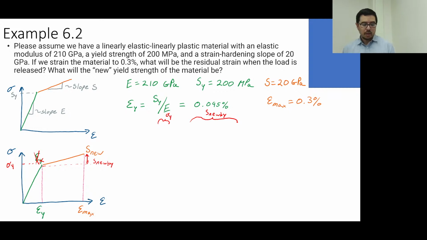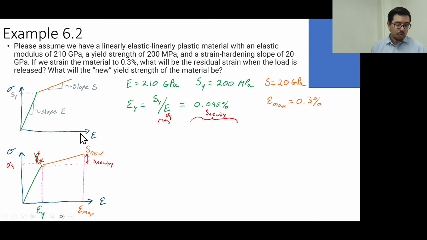Well, I can calculate this strain right here, because I know I'm yielding, and epsilon y is equal to the yield strength, which is 200 megapascals, divided by 210 gigapascals, the elastic modulus.